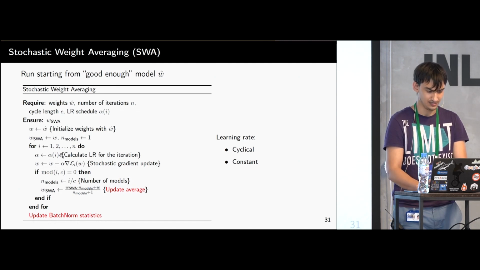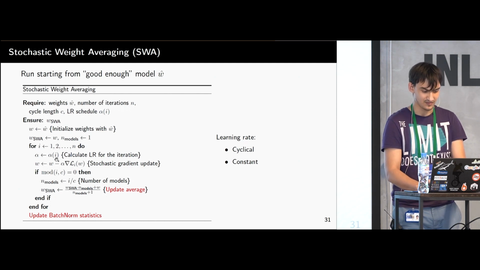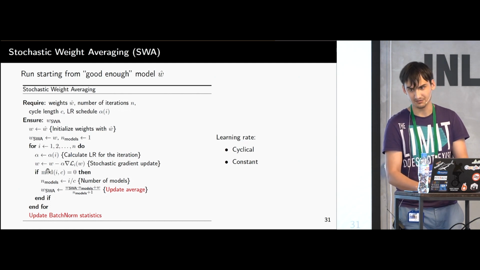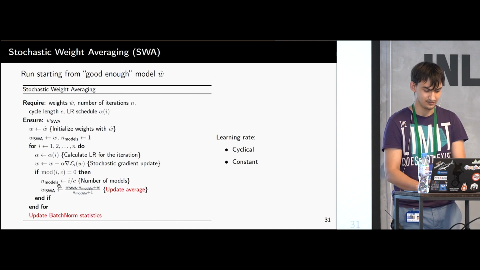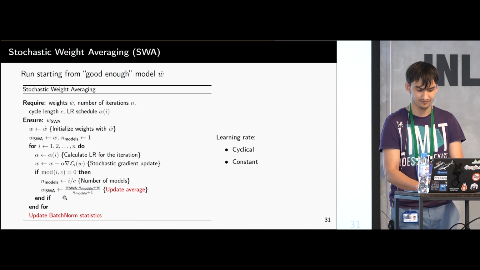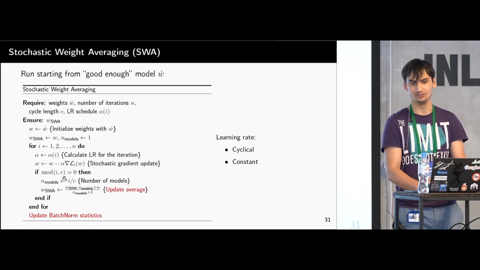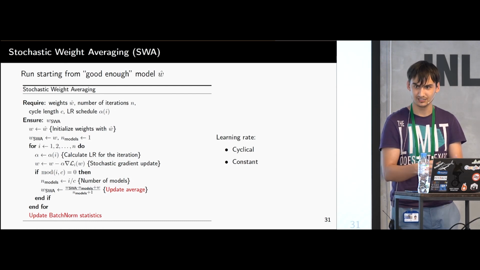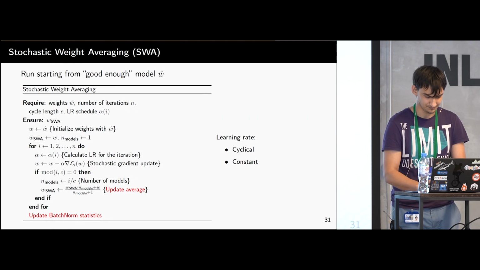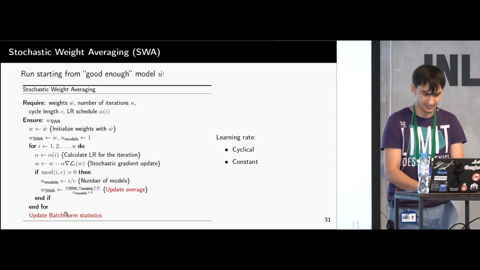You calculate the learning rate, you do the stochastic gradient update, and then if the time comes, like every epoch, you collect a snapshot. And then you update your running average, SWA, with this new snapshot. So you actually don't need to store all the snapshots, like in snapshot ensemble methods. You can just accumulate them and average them instead. So yeah, that is basically all.